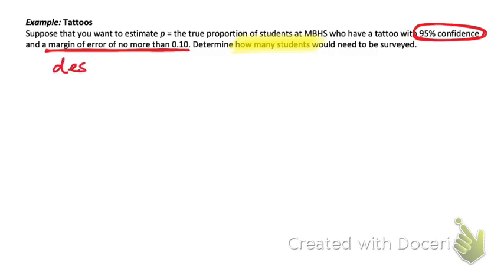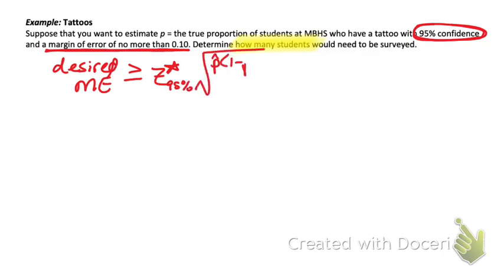Very good. All right, so the desired margin of error has to be greater than or equal to the z-star critical value for 95% times the square root of p hat (1 minus p hat) divided by the sample size. And we have to solve for the sample size. Now, what is the desired margin of error we want to be within? 0.1. Now, let's see how frozen your brains got.